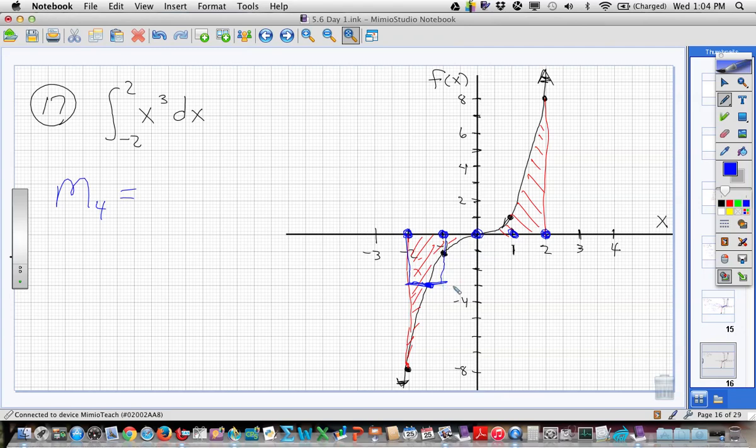So we go to our midpoint, negative 1.5, and we go down to the curve, and then right there we draw across, and that's our rectangle. And then we go to negative 0.5, and we go to the curve, and we draw across. And then we go to positive 0.5, and we go to the curve. And so we're getting these little tiny rectangles here. And then we go to 1.5, and we go up to the curve, and we draw across.